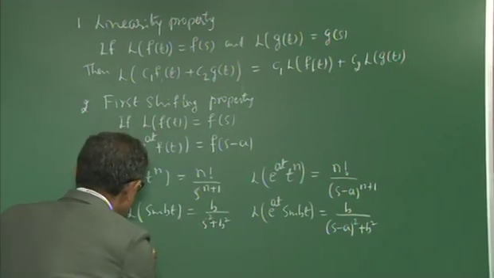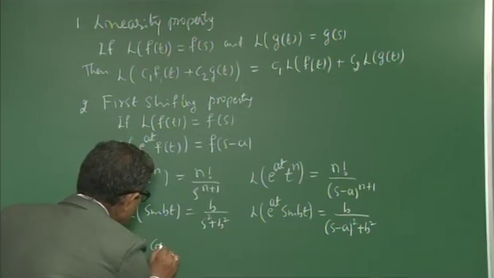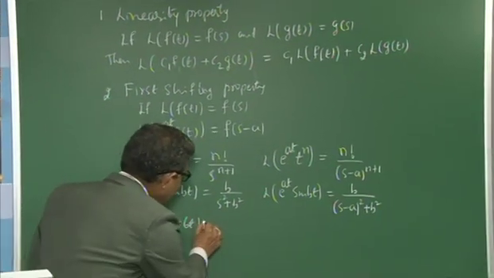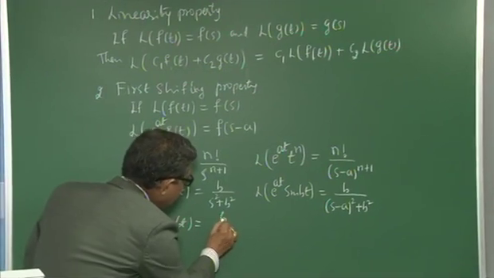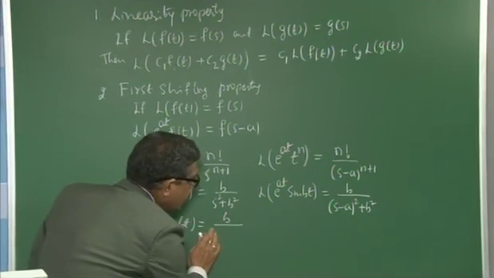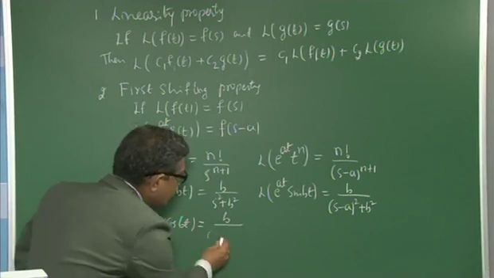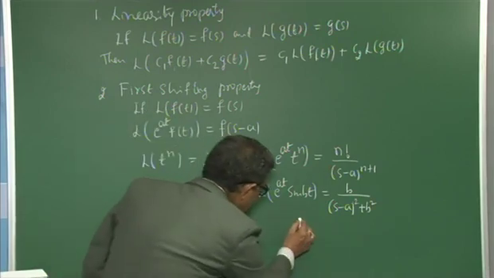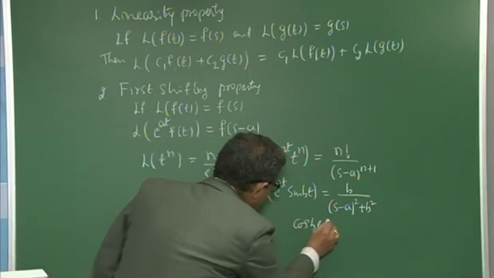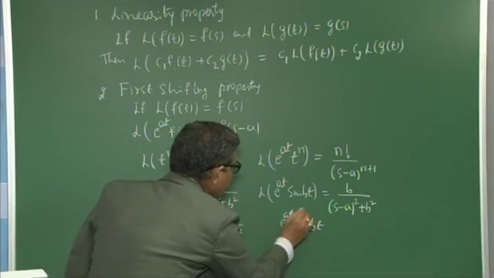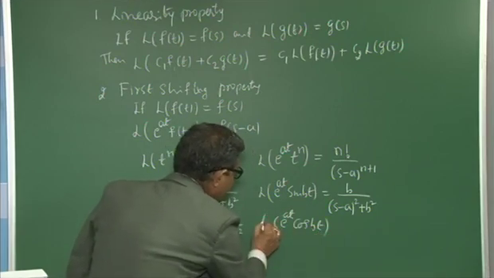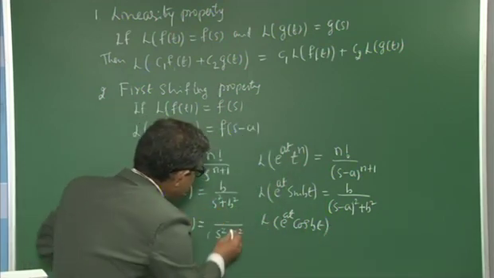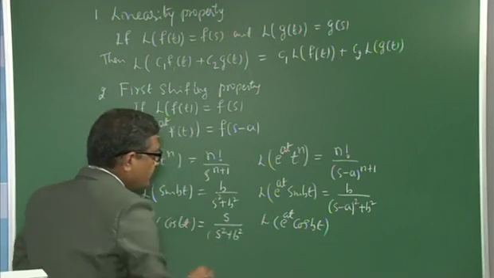Similarly, the third standard formula, L of cos bt, as we derived, is s divided by s square plus b square.